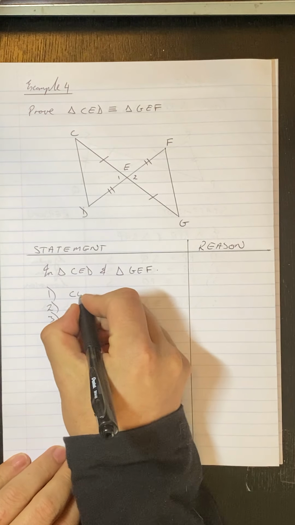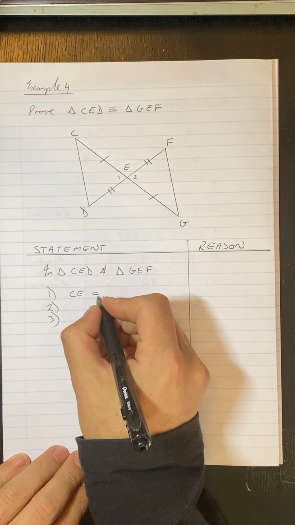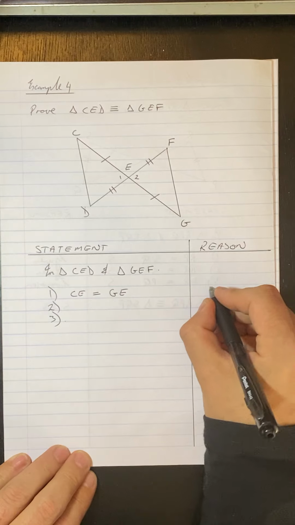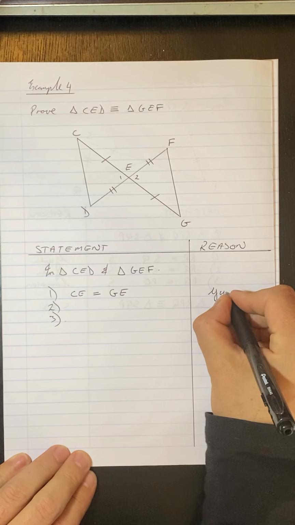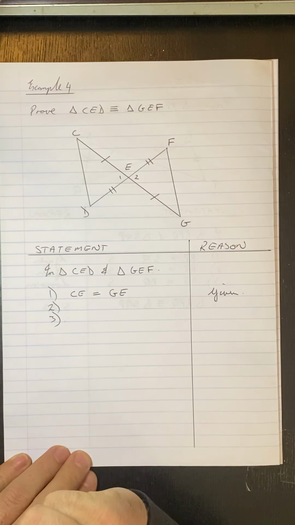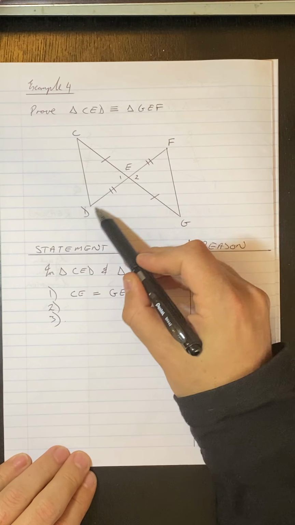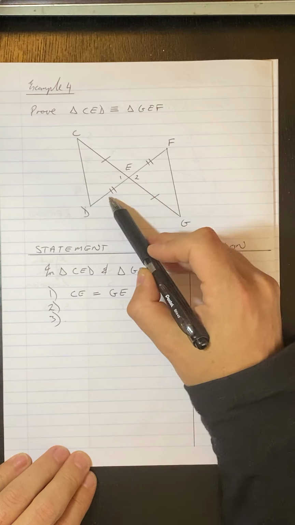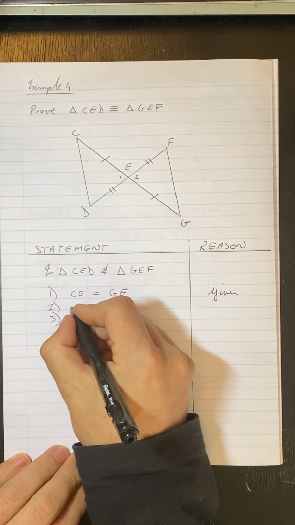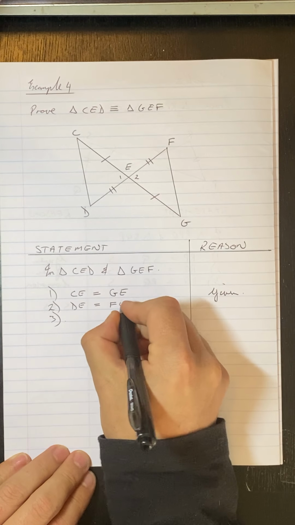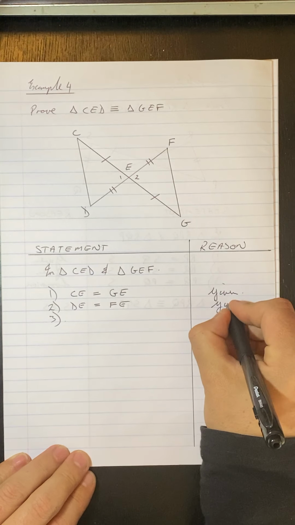So we have CE is equal to GE, and that was given to us. The next thing I'm going to say is this ED or DE is equal to FE. That was also given to us. So we have here DE equals FE, and that was given.